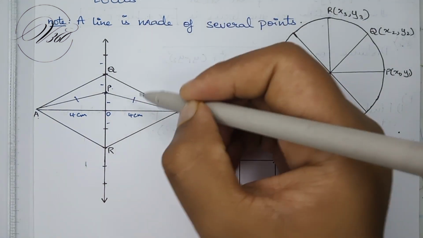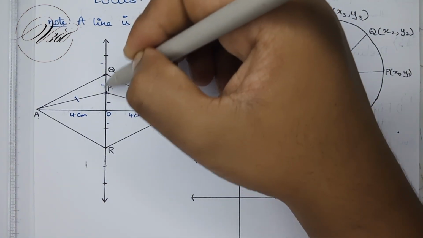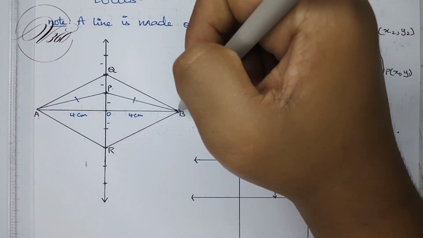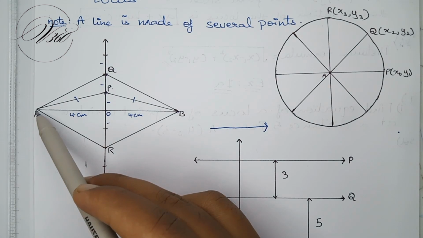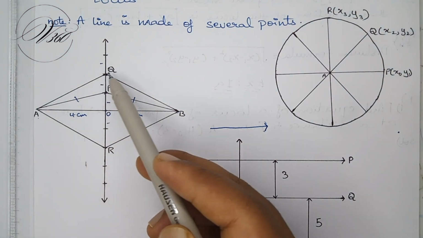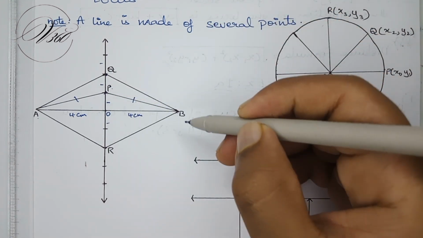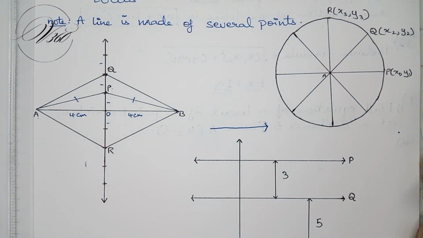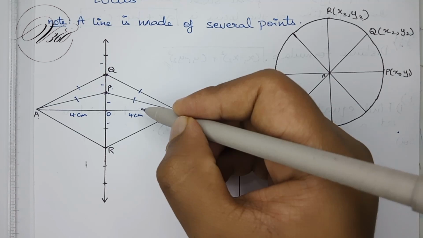Same as here, we have taken a point Q which is 2 centimeters from this. If we join this point and this point, exactly where B and Q are connected, we can find that these both are also equidistant lines.